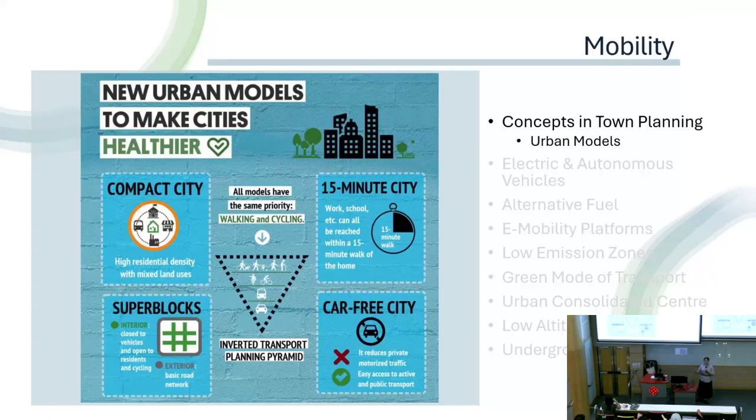Of course, this doesn't mean that all cars are banned from these superblocks. Emergency vehicles or particular grades of vehicles would be allowed to make sure that the area can be operated and used.